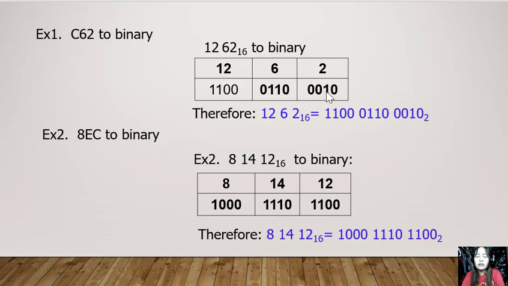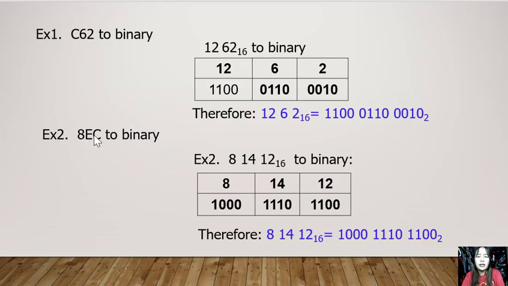And then put all of these digits together, from left to right, just like what you did with the octal, and then just put a base of 2. So your hexadecimal C62 is equivalent to 110001100010. Alright, so let's move on to the next example.